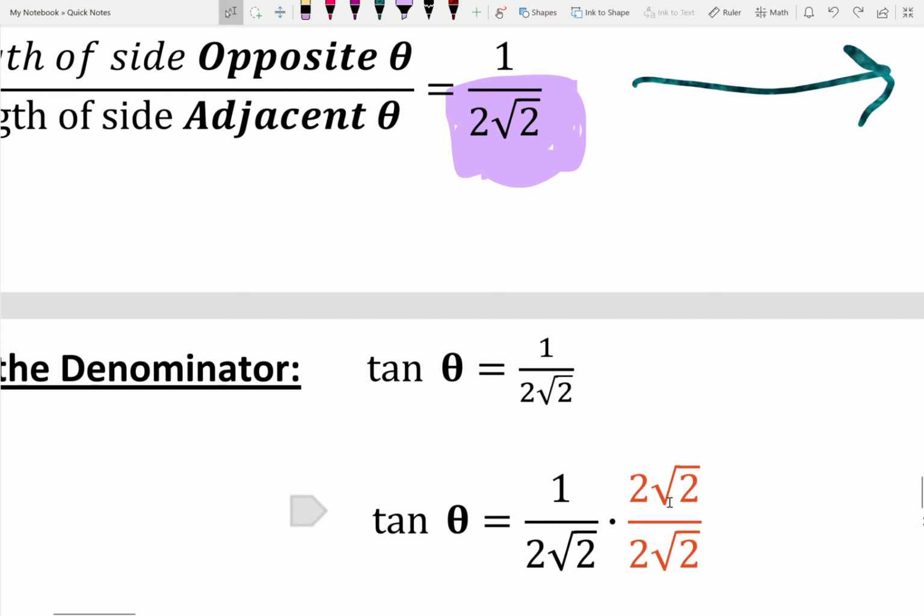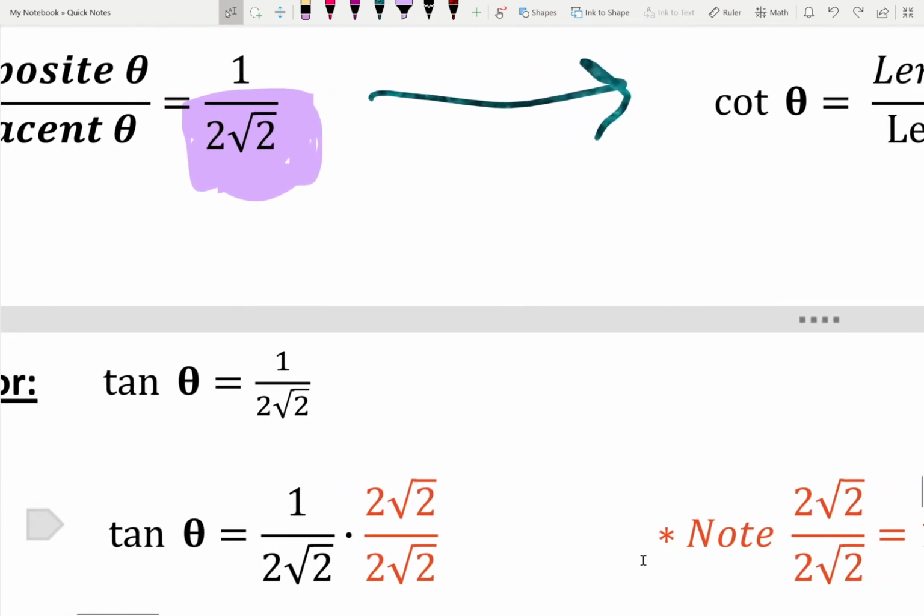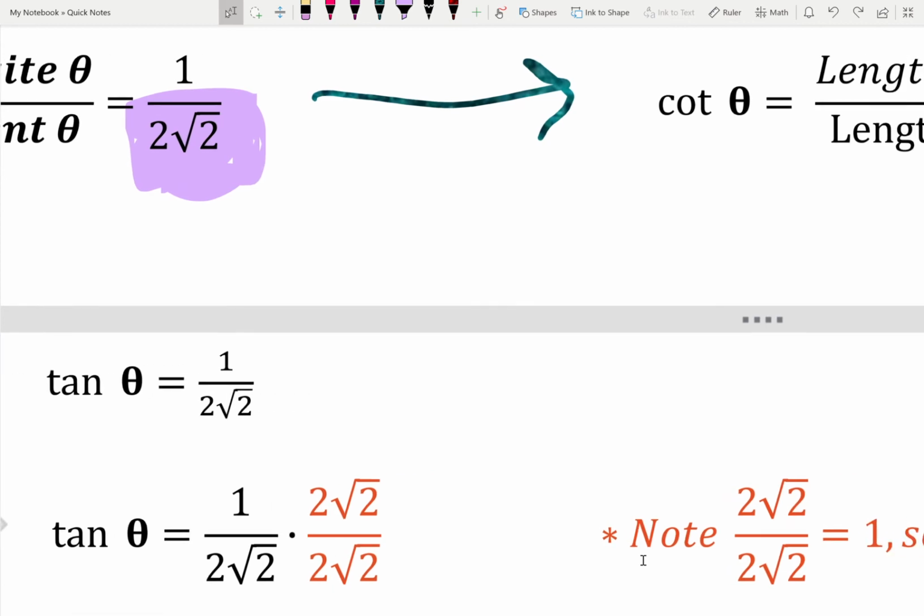Now, why do we do it to the numerator and denominator? Because what is 2 times square root of 2 divided by 2 square root of 2? Well, it's just 1. So in a sense, what this is saying is take tan theta, 1 over 2 times square root of 2, and multiply it by 1.